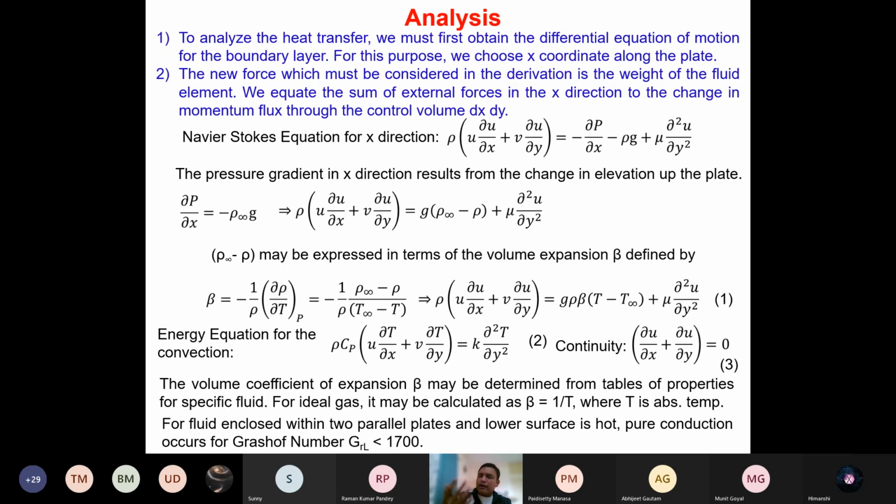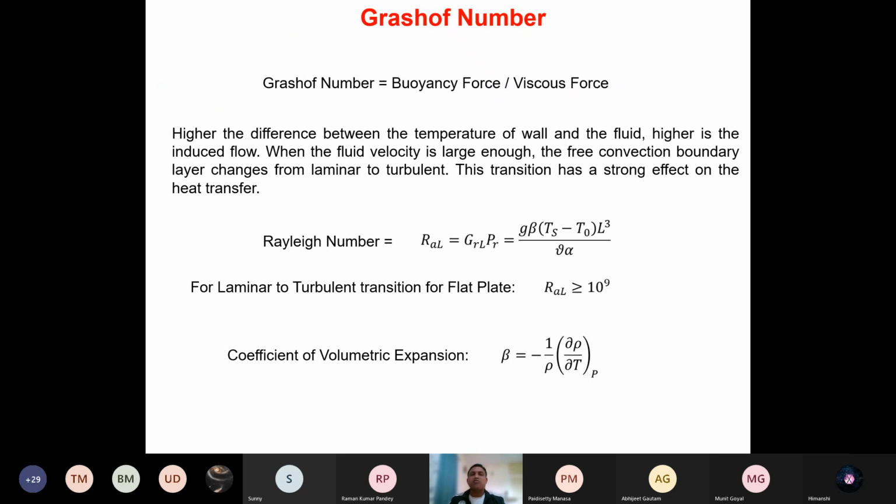Unlike the Reynolds number, in this case the dimensionless number to be looked at is the Grashof number. So what is the Grashof number? It is nothing but buoyancy force by viscous force. In forced convection we used the Reynolds number. What is the Reynolds number? Inertia force by viscous force. Unlike that, the Grashof number is buoyancy force by viscous force.